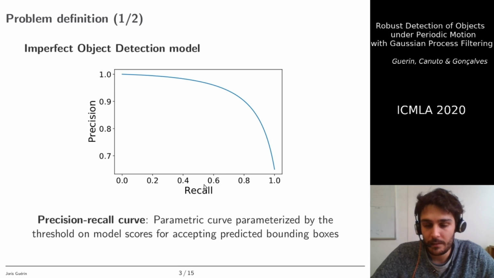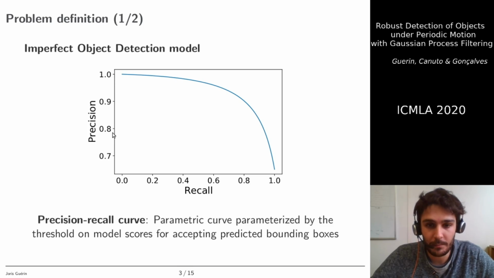The recall means that, for example, if you have 100 objects that you need to recognize in 100 images, and you only find 80 objects, then you'll have a recall of 0.8. On the other hand, if your model is making 100 predictions and only 80 of them actually correspond to the objects that you want to detect, then your precision will be 0.8.